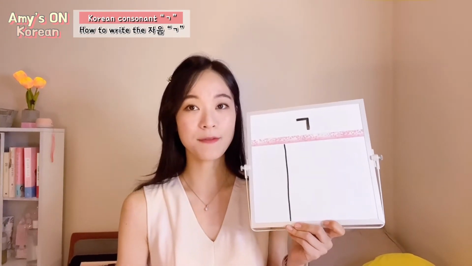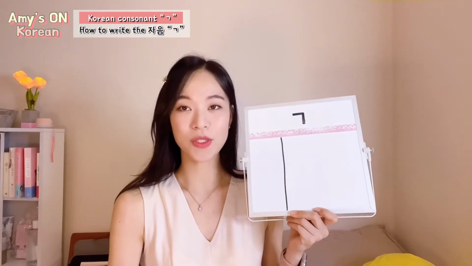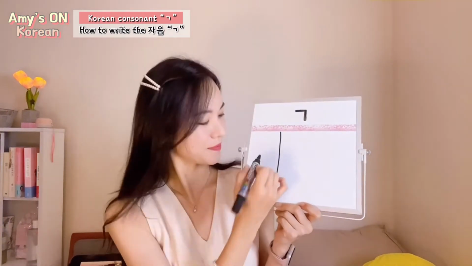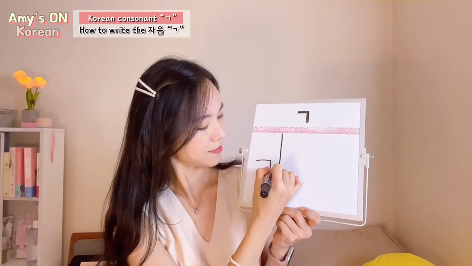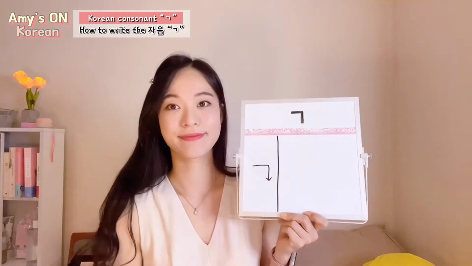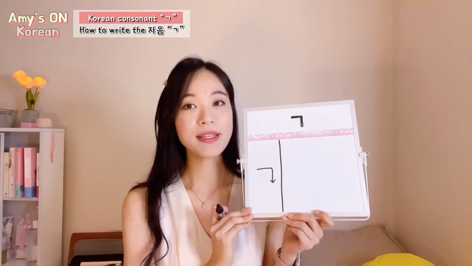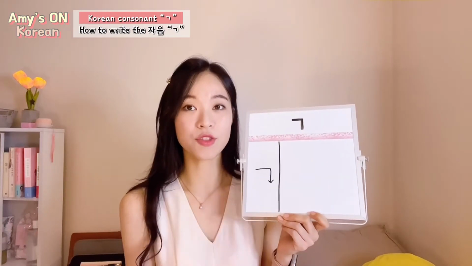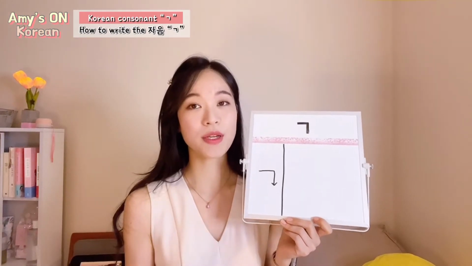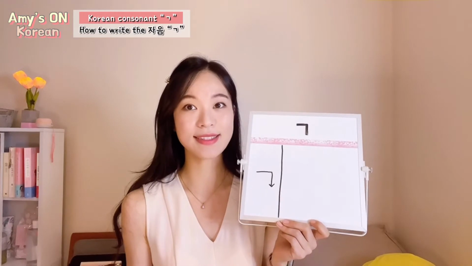You know that there are writing orders for Korean vowels, which are from left to right and from top to bottom. Each consonant has a specific writing order as well, and it might be a bit confusing compared with vowels. You can write 기역 with one stroke like this. There are so many different handwritings and I want to let you know about them so that you can read Korean words in various writing styles.